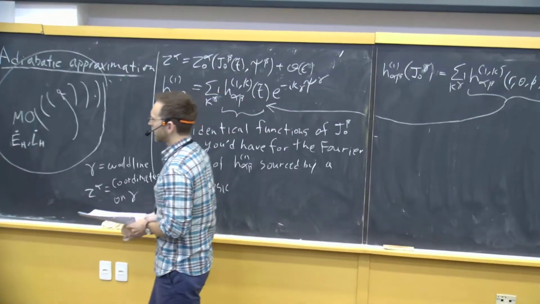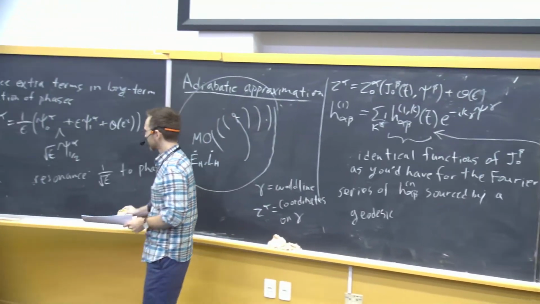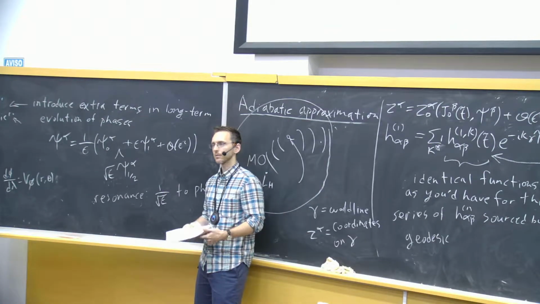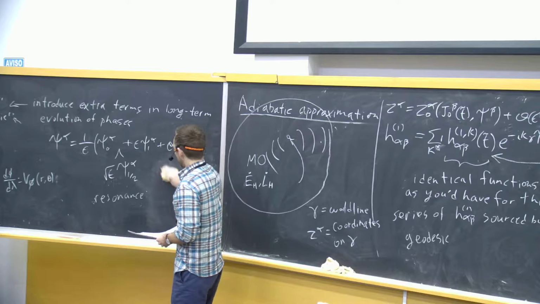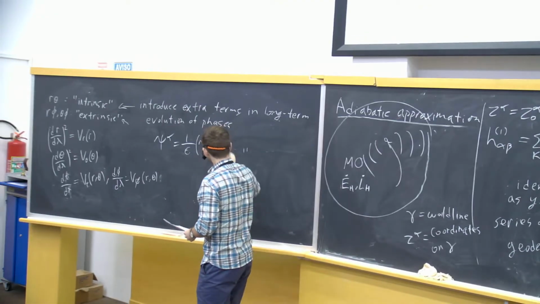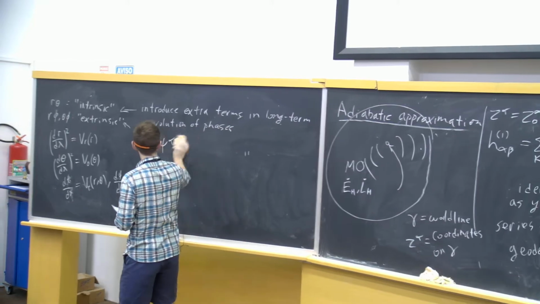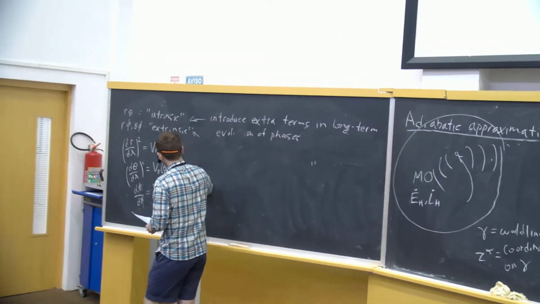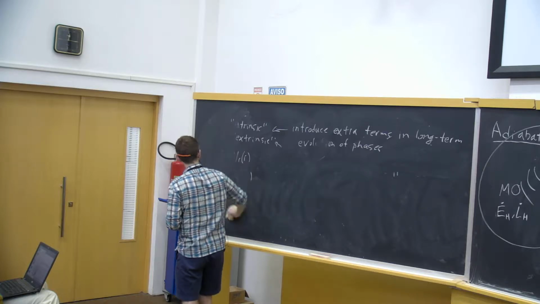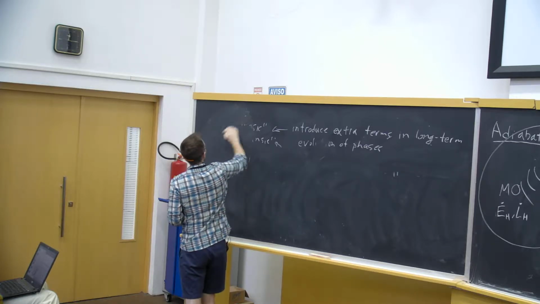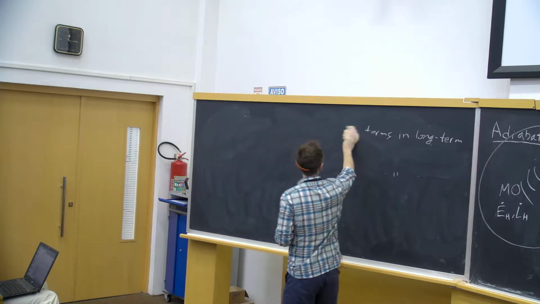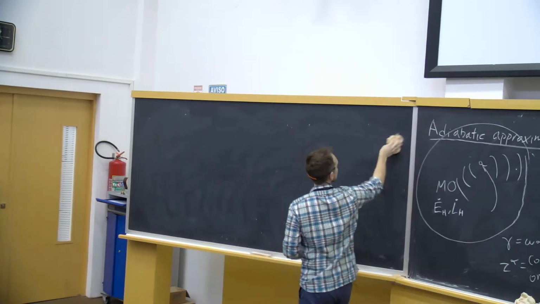I'm going to try to put together a fairly detailed exercise for you to do, just looking at an example of an adiabatic calculation. So that was what I was hoping to do on the board, but I want to move on to more with the actual self force. So far I haven't said anything about the formula for the self force, or how you calculate it, or how you derive the formula, or anything like that.